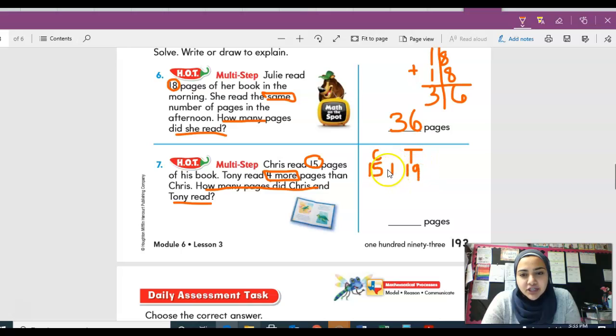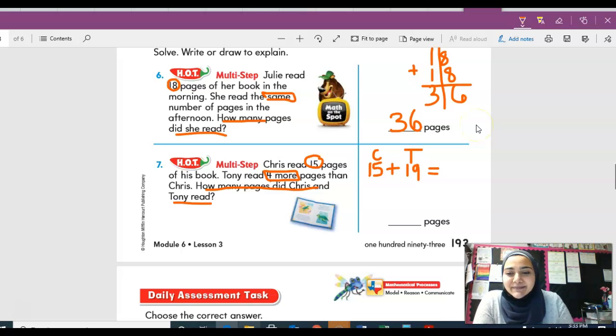Now the question is, how many pages did Chris and Tony read? So 15 plus 19. You can do this like I've showed you, elevator, escalator, or we can do it the expanded form way. Let's go ahead and do it the expanded form way for today. If I expand 15, that is 10 plus 5, right?